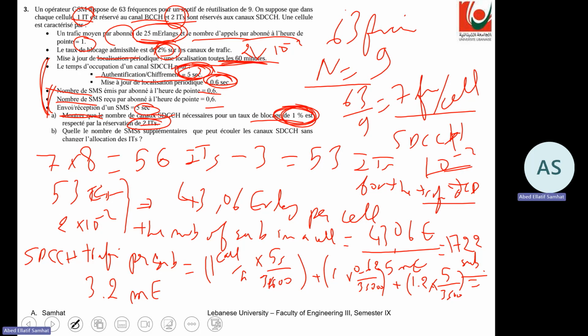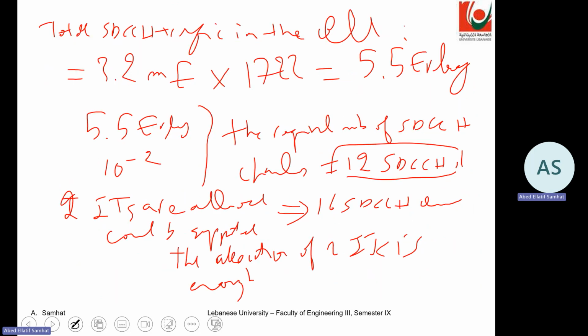Now, for the second question, what's the number of supplementary SMS that could be supported over the SDCCH channel without changing the time slot allocation? Because we need 12 SDCCH channels and we are able to support up to 16 SDCCH channels.